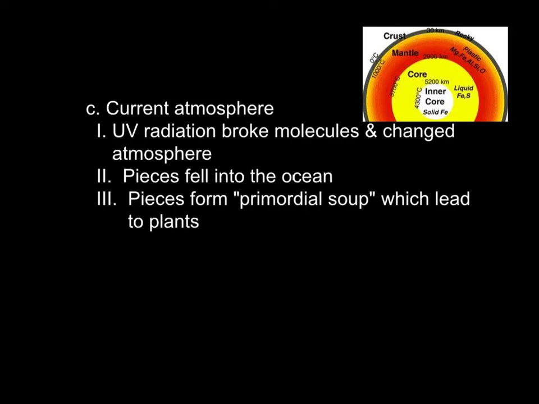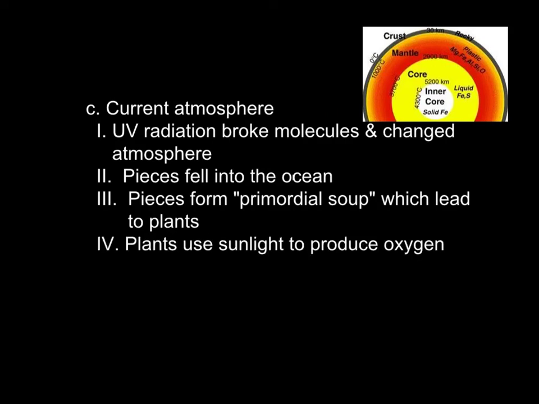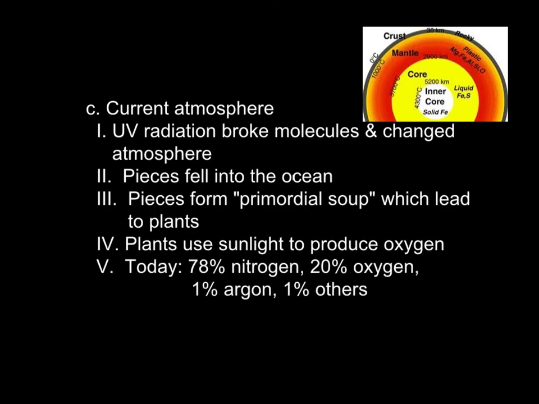These pieces then developed into what scientists call the primordial soup, which ultimately led to the beginning of plants. These newly developed plants then used sunlight to produce oxygen. Today's atmosphere is composed of 78% nitrogen, 20% oxygen, 1% argon, and 1% others.